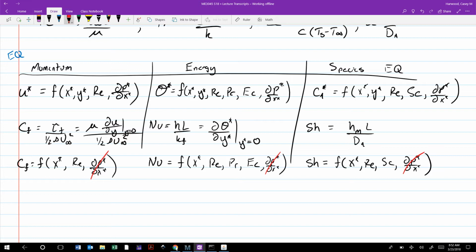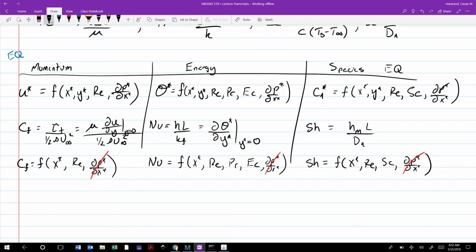Okay, next thing to consider is that these are all what are known as local quantities, meaning that they depend on the location at which they're being measured. If we wanted to define average quantities, remember we talked about there's a difference between a local convection coefficient and an average convection coefficient, h versus h bar.